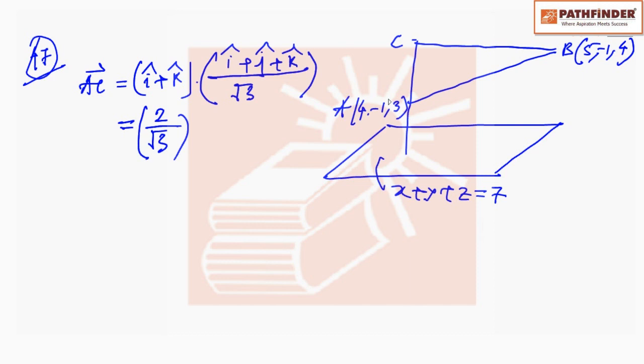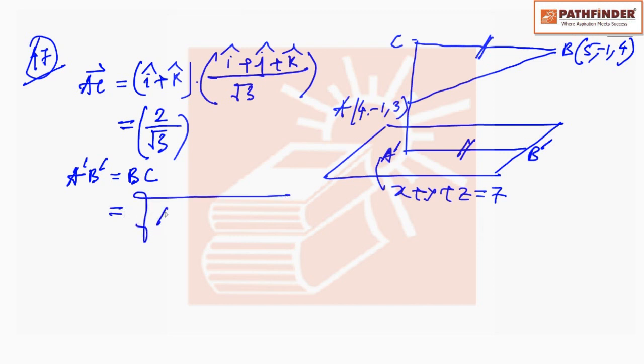Now this is AC. Now what is A dash B dash? A dash B dash will be the projection of AB on this plane. Now A dash B dash will be BC, because this length and this length will be equal. So BC is equal to root under AB square minus AC square.